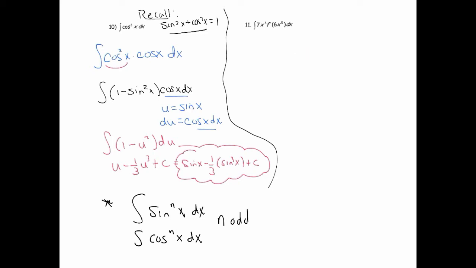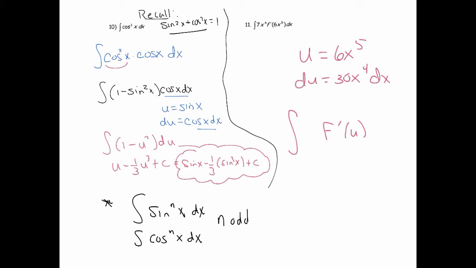So if you let your u be 6x to the 5th, and your du be 30x to the 4th dx, then my integral becomes f prime of u, and I've got that 7, so that's kind of weird.